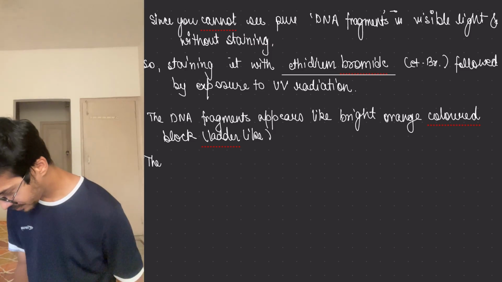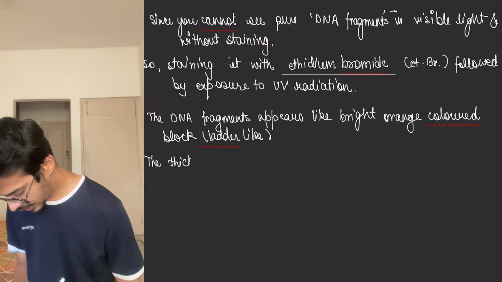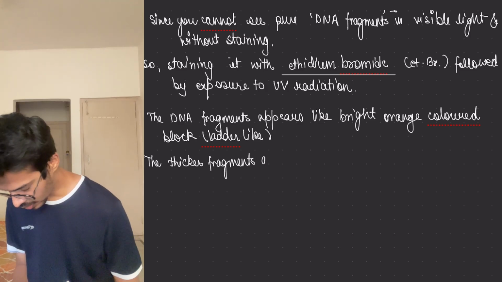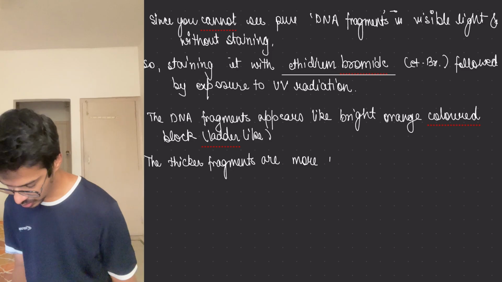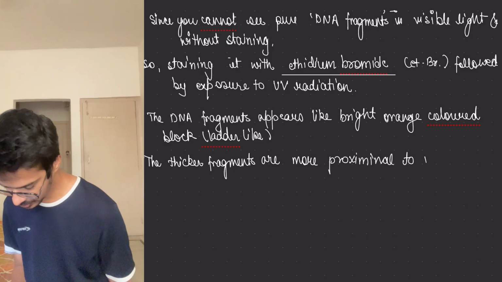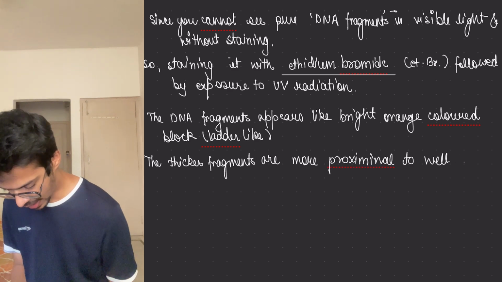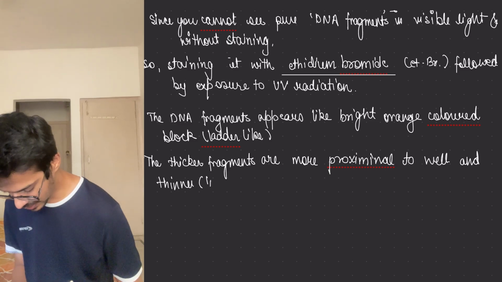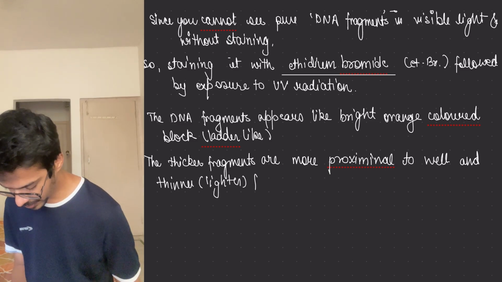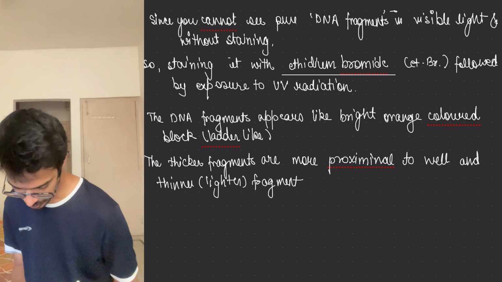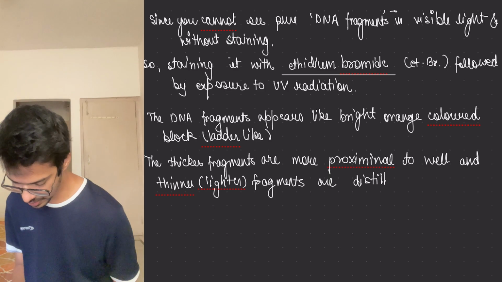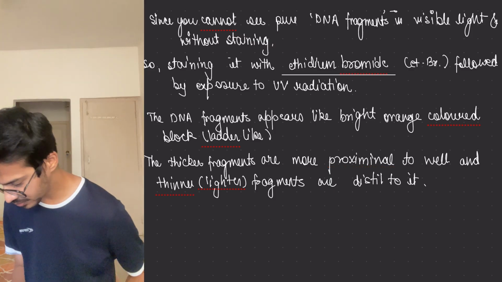So the thicker fragments are more proximal to the well, and thinner, meaning lighter, fragments are distal to it.